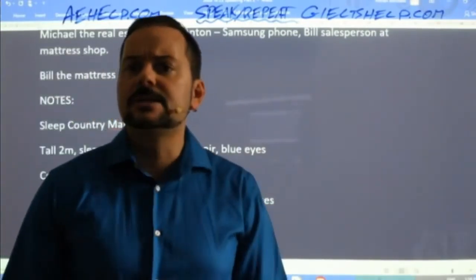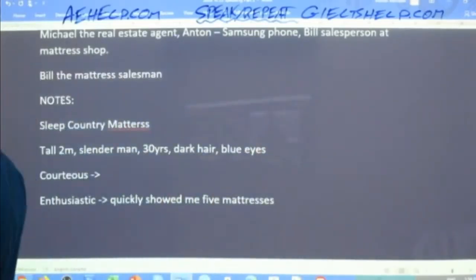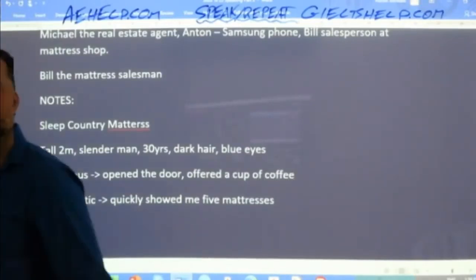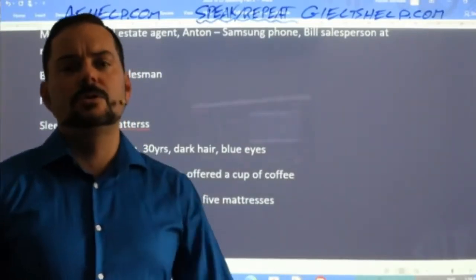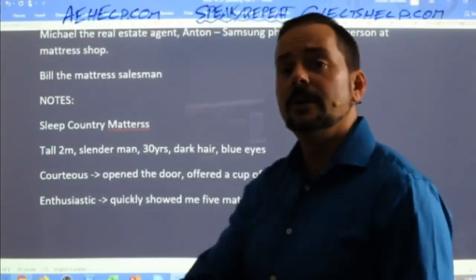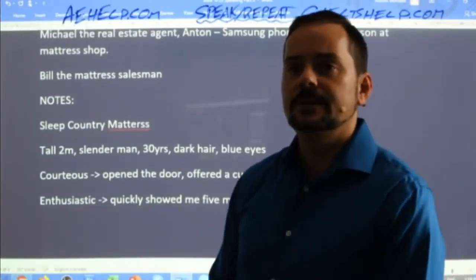What would be something that you visualize with courteous? Maksud, not necessarily a polite way, but I would say courteous: opened the door. Anybody have that come to their mind visually? You're going to this mattress store, you're about to push the door, and there's Big Bill opening up the door. Welcome, come on in. Can I grab you a cup of coffee or a tea?